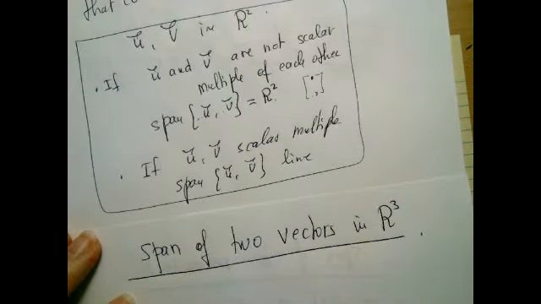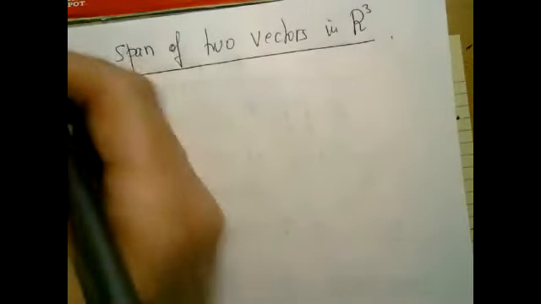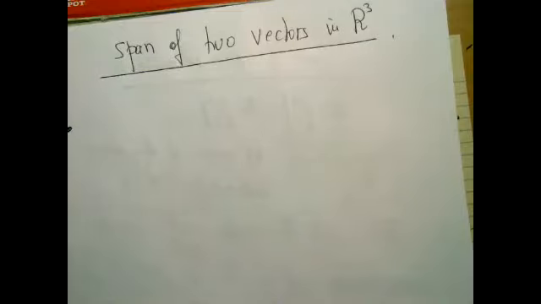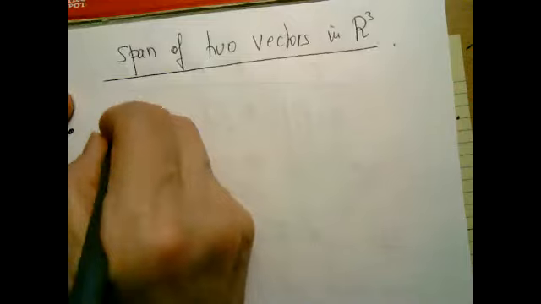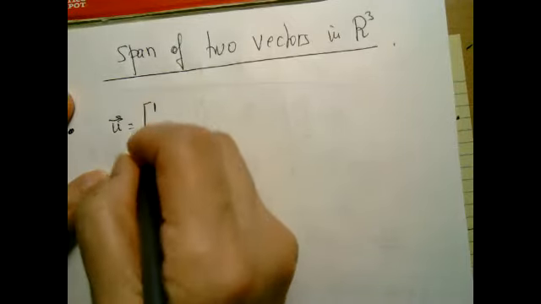I'm going to start with two fairly simple examples, with two very simple vectors, and then another one also simple. So example number one. Suppose I take the following two vectors. Let me take U to be 1, 0, 0.